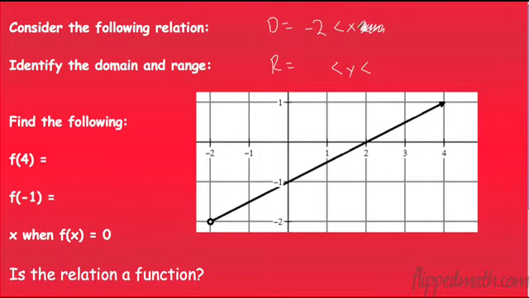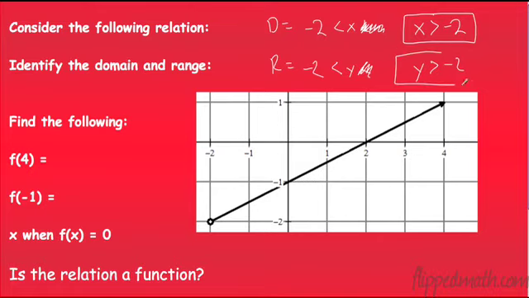So now I'm going to rewrite this as x is greater than -2. So all the x's that are bigger than -2 would be included. All right, including 3. 3 is bigger, so there it is. Let's try our y's. What's my lowest y? -2. My highest y, well, in this case, the domain and the range are very similar.